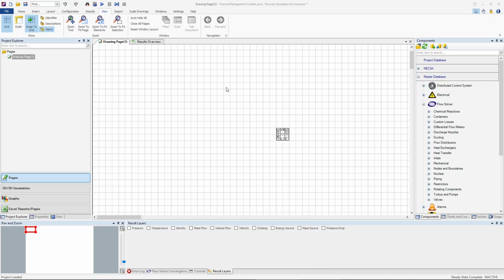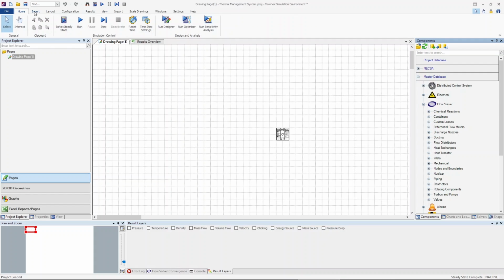Flownex, as it's presented now, allows you to have different ribbons, essentially with different inputs that the user can specify, different tasks, and abilities to couple to third-party applications.